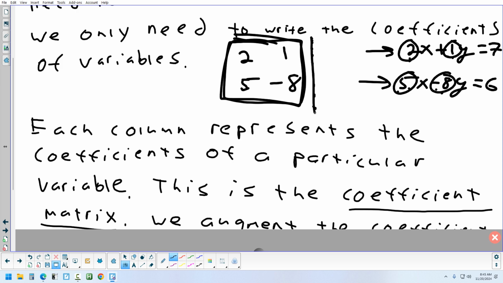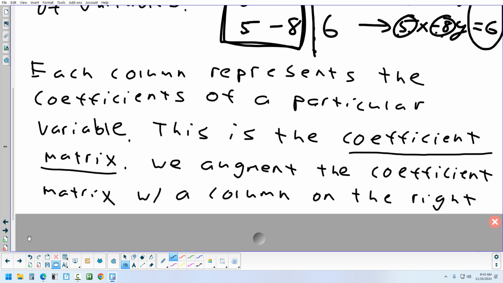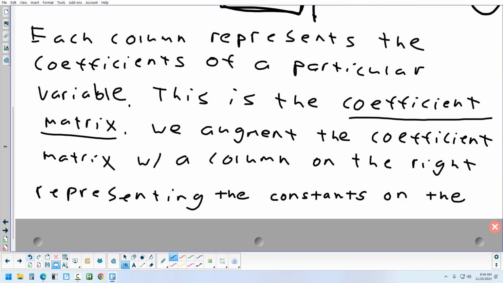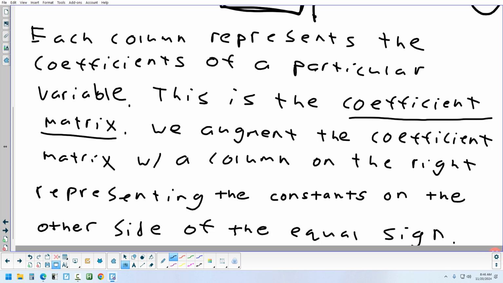That line is just there to separate and say everything to the right of that line is the numbers that were to the right of the equal sign. So we add on, or augment, one more column to that coefficient matrix, and that column represents the numbers that were on the other side.